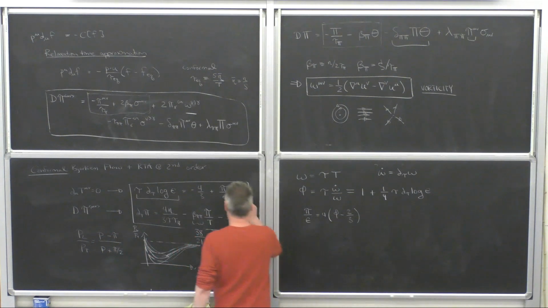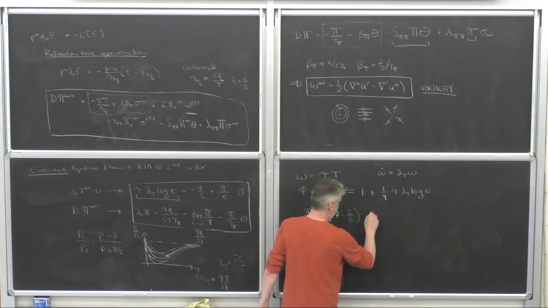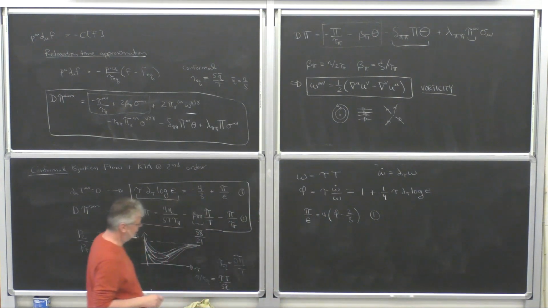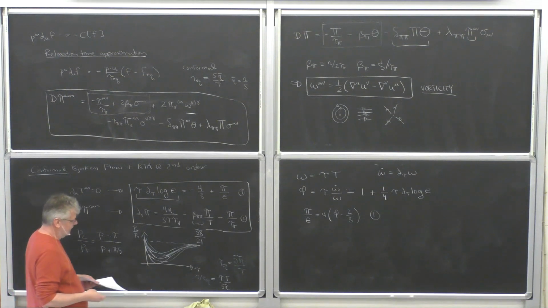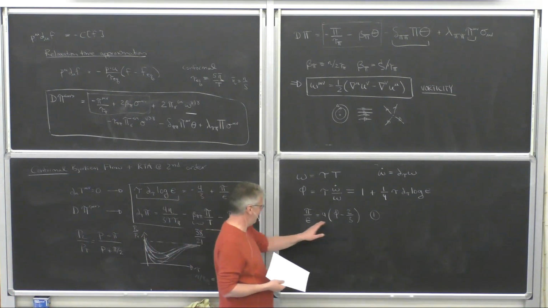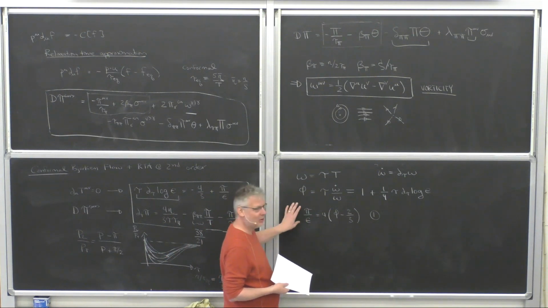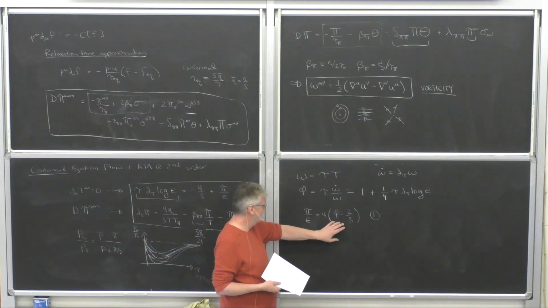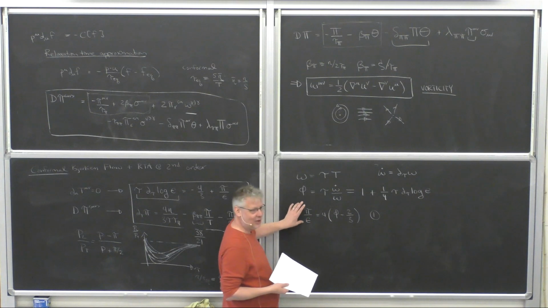So this was equation 1. We've now made it into an algebraic equation. And we see that phi is really related to the bulk viscous correction, right? So when phi is big, the bulk viscous correction is big. When phi is close to 2/3 in this funny variable, pi is 0.